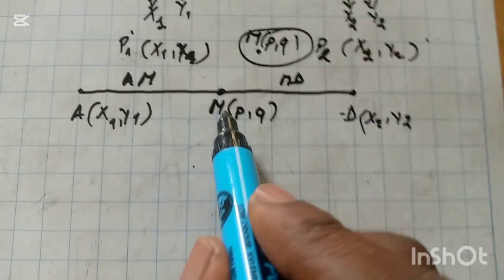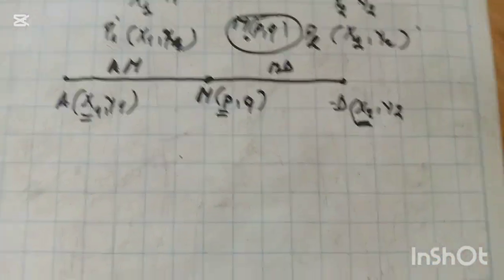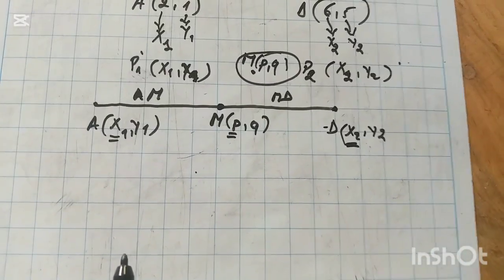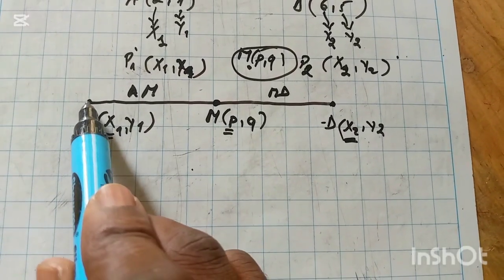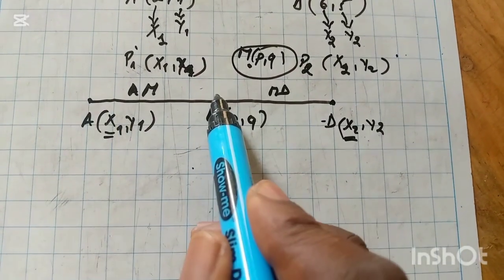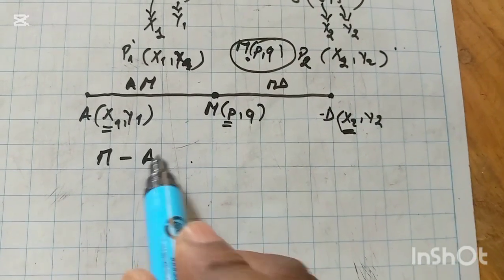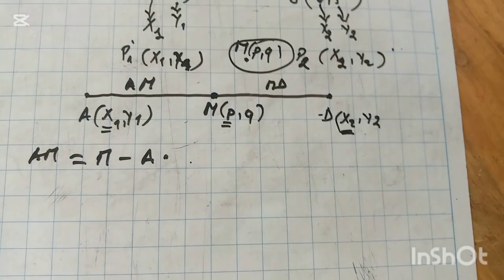We can consider both X coordinates on all 3 points. When we are finding the distance from A to M, it is M minus A. Distance AM equal to this one.